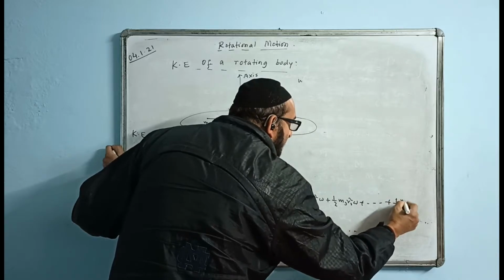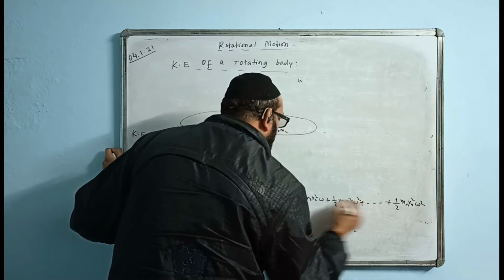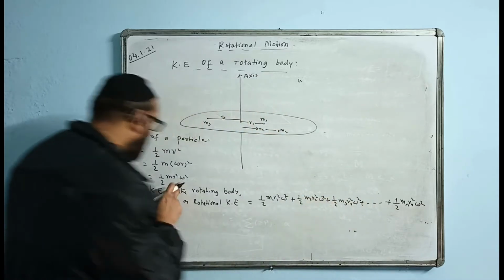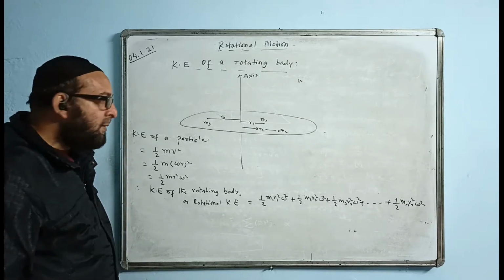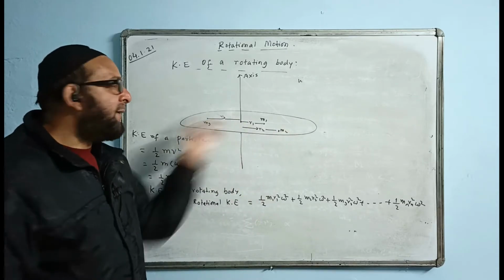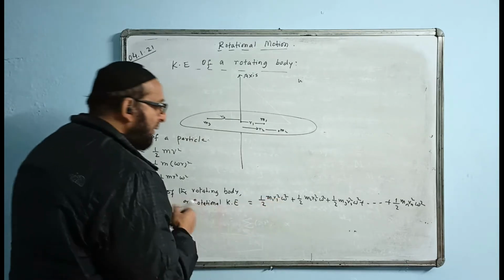For the nth particle, half mn rn square omega square. Why omega? Because all the particles are going to have the same angular velocity all the time.